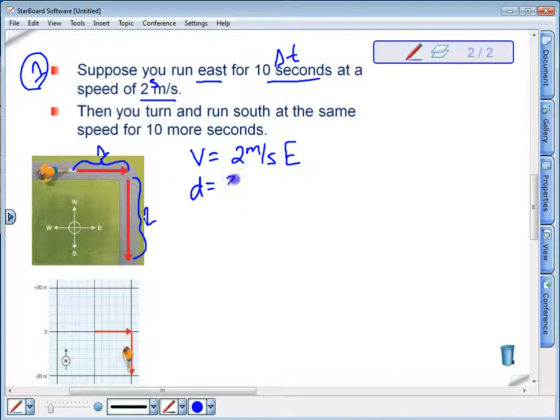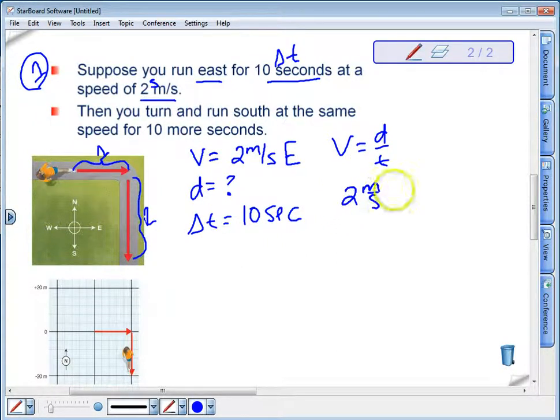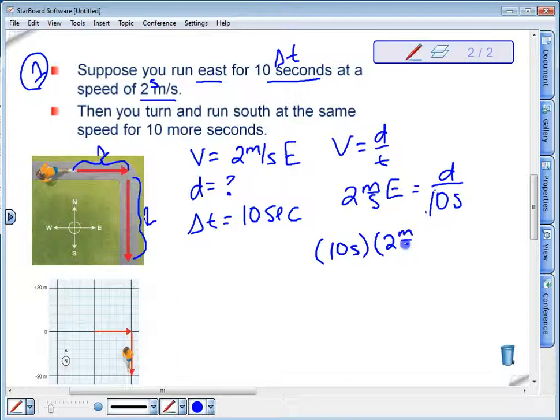My displacement I don't know, but my change in time I know is 10 seconds. So plug in. Two meters per second, east, is displacement over change in time, which is 10 seconds. 10 seconds times 2 meters per second east is my displacement.